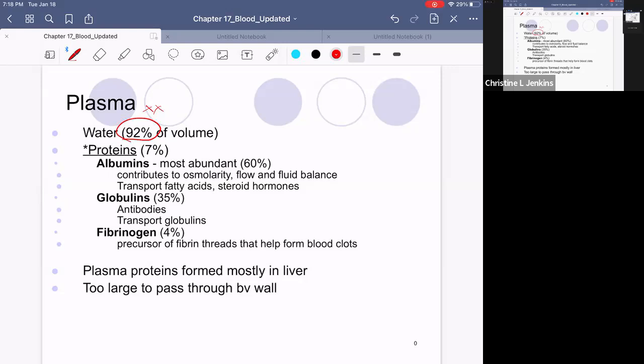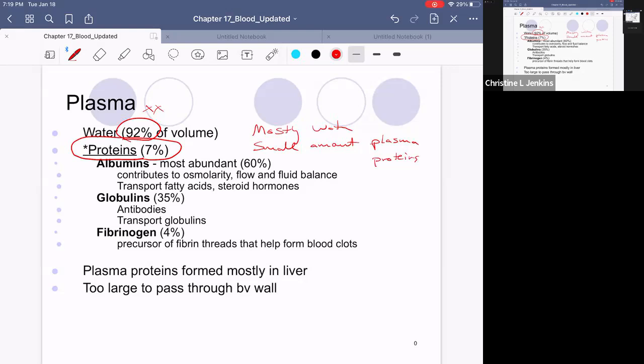However, a small percentage of plasma is what we call plasma proteins. So suffice to say, plasma is mostly water with a very small amount of what we call plasma proteins. About 7% or so.